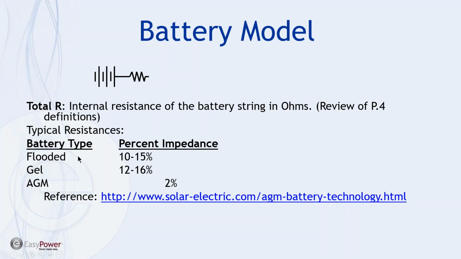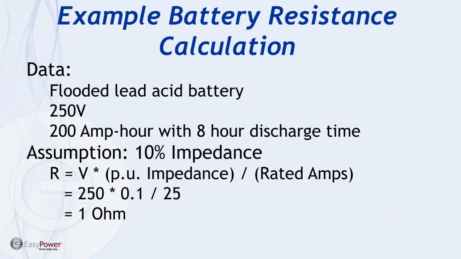So if we were to say we have a acid flooded cell battery that we wanted to characterize, and it was rated for 250 volts, and it had a 200 amp hour rating with 8 hours discharge time, which is roughly 25 amps per hour, then the internal resistance equals the voltage times the per unit impedance divided by the rated amps.